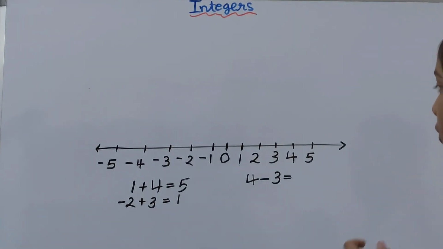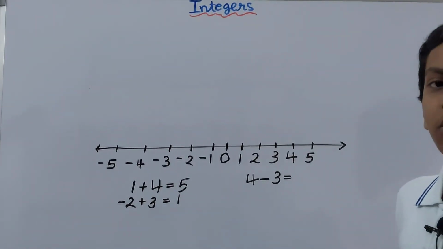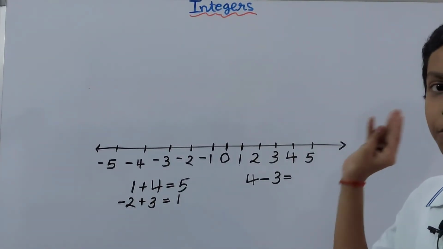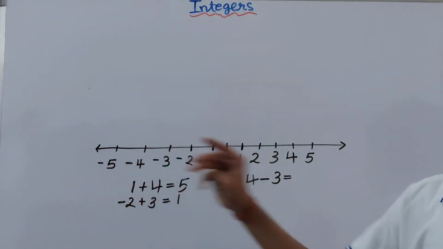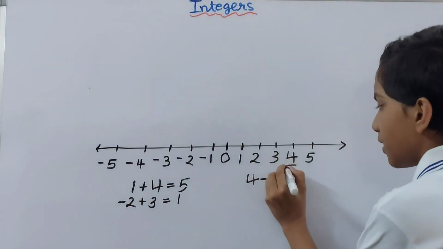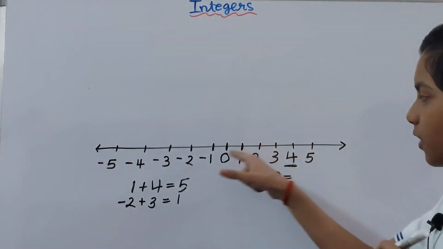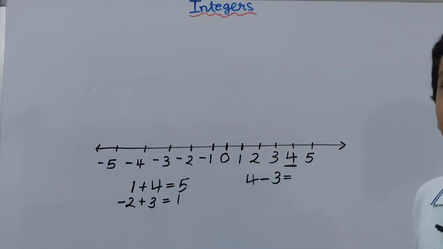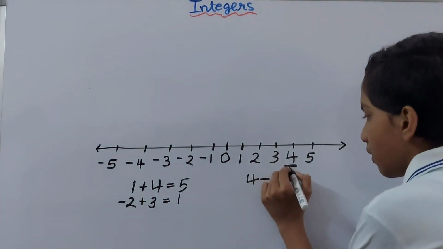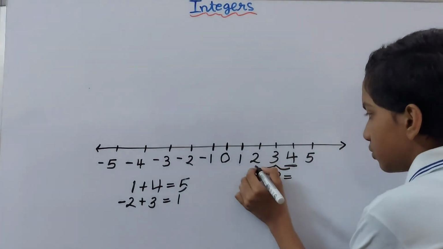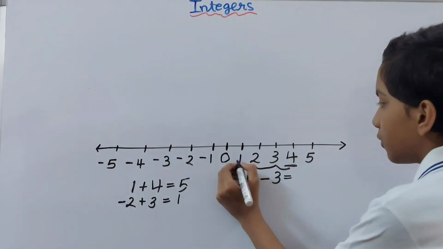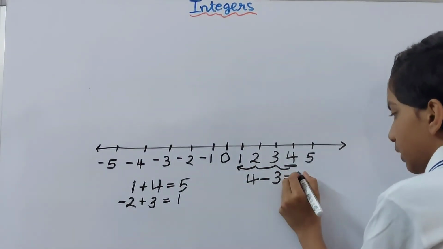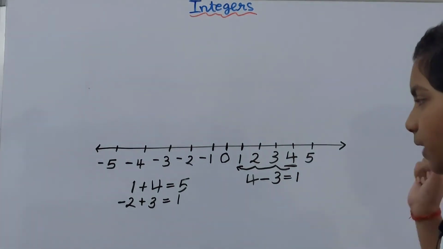But friends, over here the rule says when you are subtracting, you have to go from right to the left. So let's take this number. Here we have 4, and if we go to the left of 4 3 times, so 1, 2 and 3, we land on 1. So we will write 1 over here.